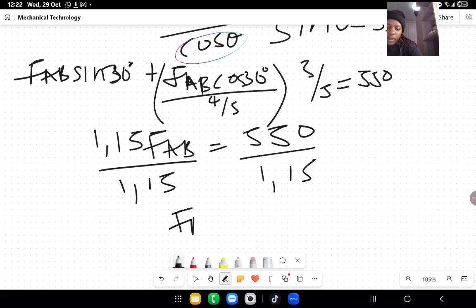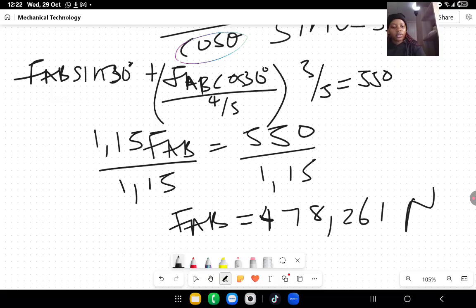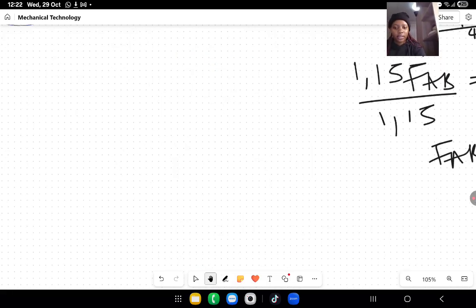Then FAB will be equal to 550 divided by 1.15, which equals 478.261 newtons.